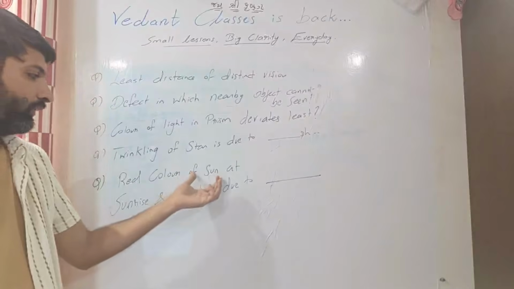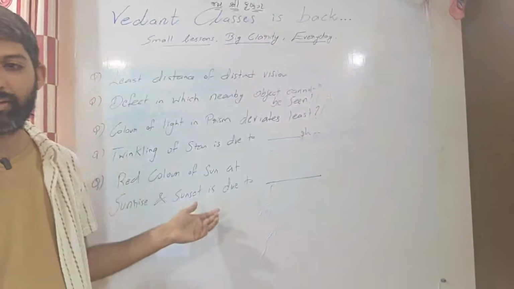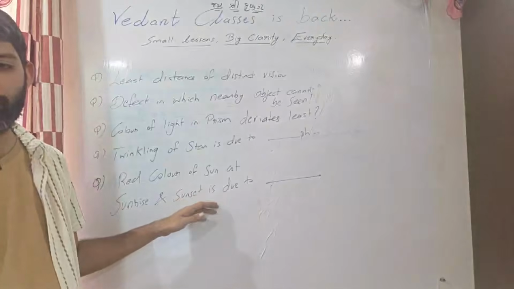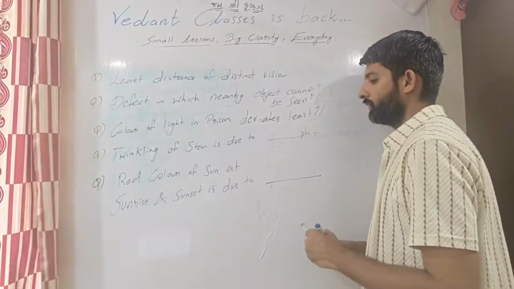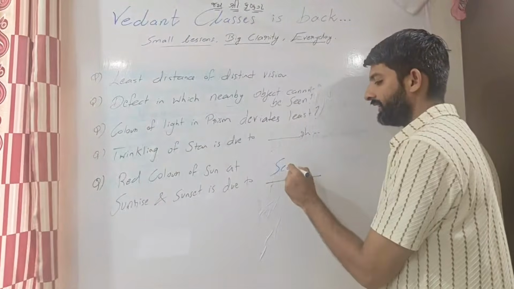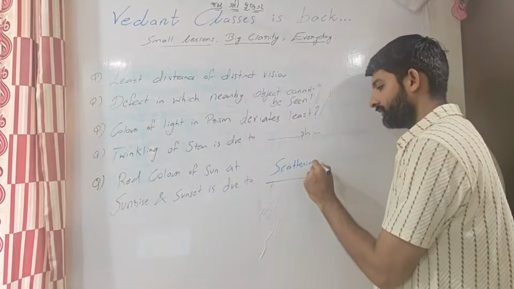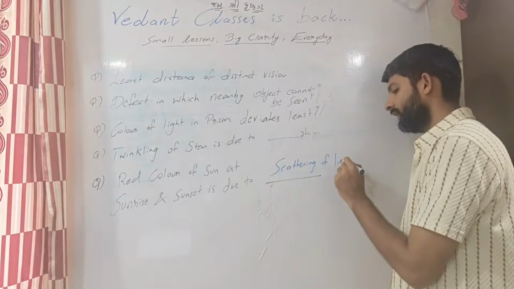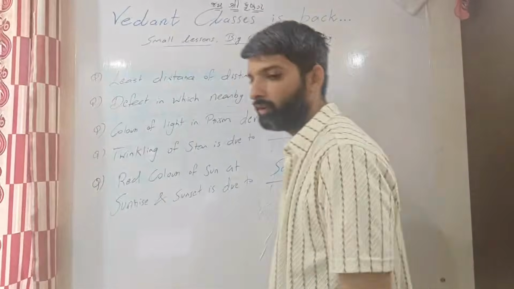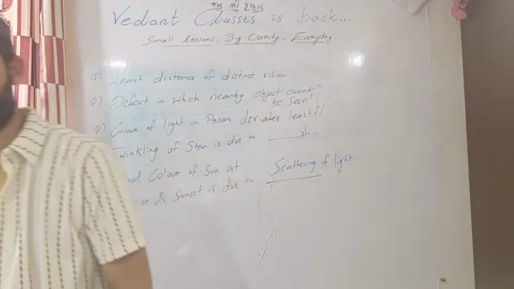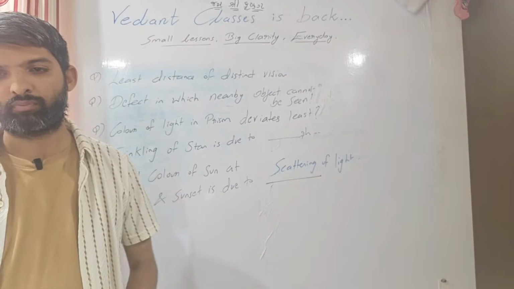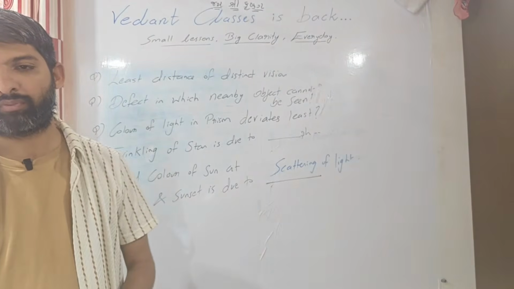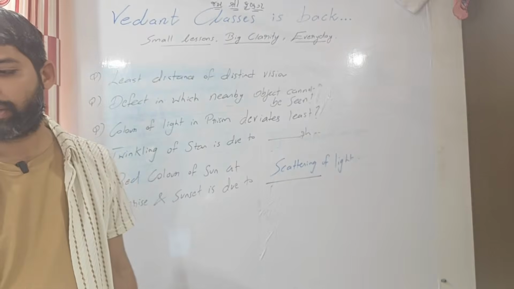But the red color of the sun during sunrise and sunset is due to scattering of light. It is just like the danger signal being red in color. So all that occurs due to scattering of light.